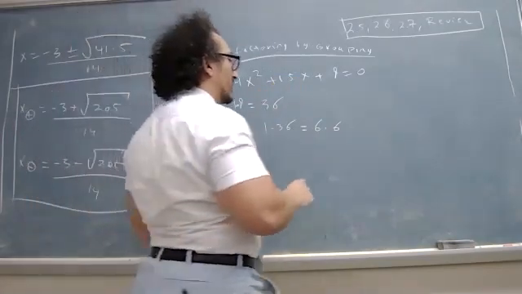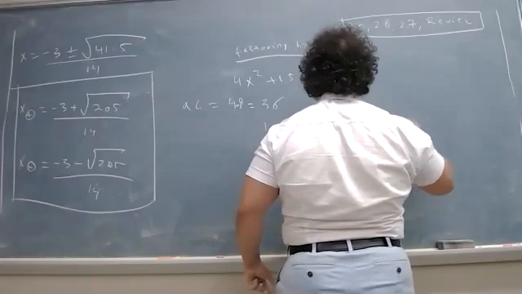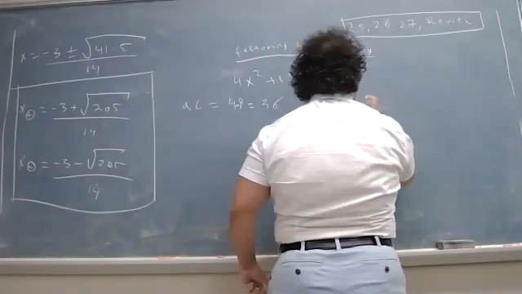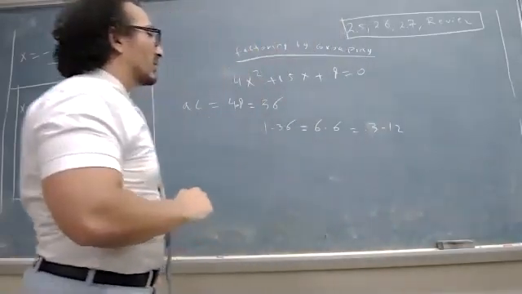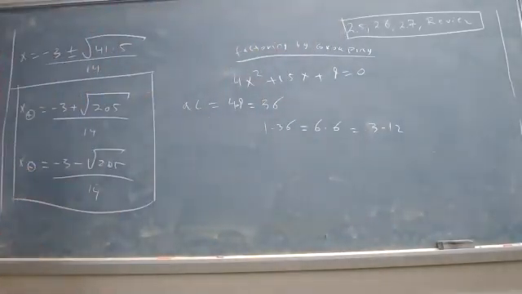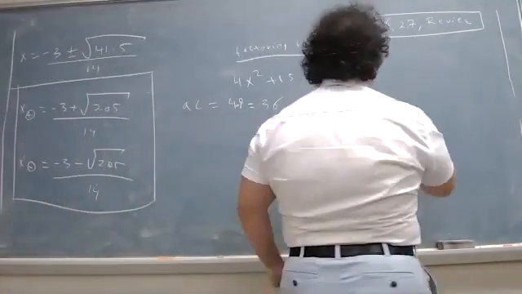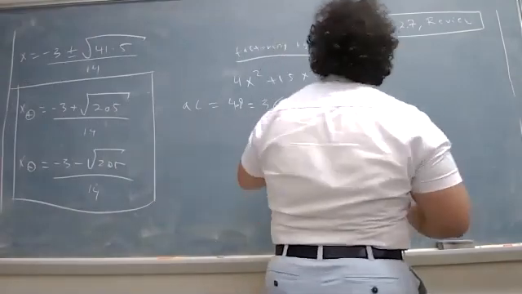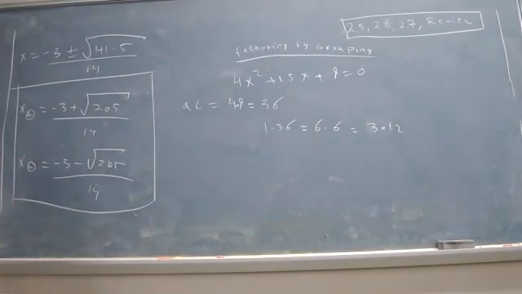So we'll keep searching. That's the same thing as 3 times 12, right? Oh, wait. 3 plus 12 adds up to give me 15. And 3 times 12 equals 36.